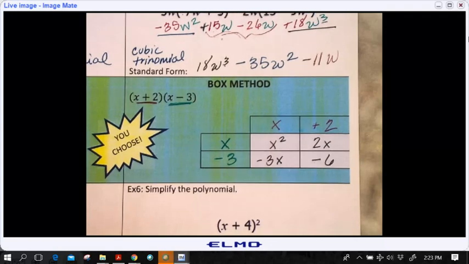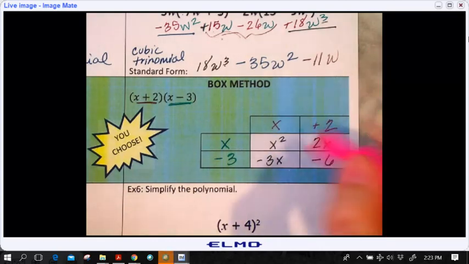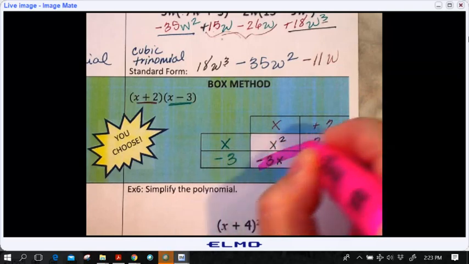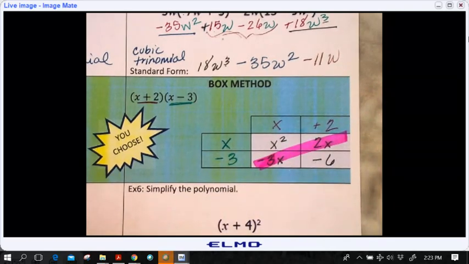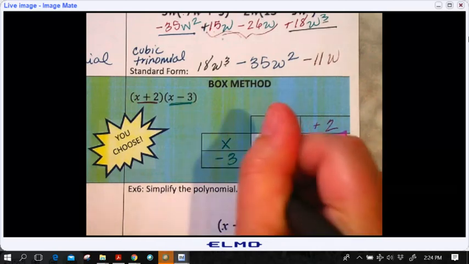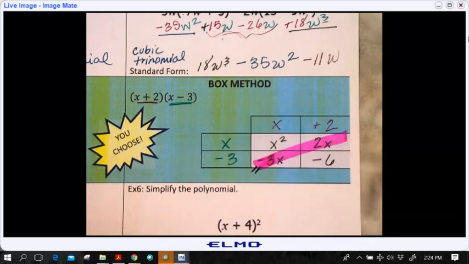Okay, and finally, I want to point out to you something, that whenever you set this up correctly, you should have some like terms on the diagonals, okay? So to save myself some writing, I like to just highlight the diagonal and then write down here what it equals.